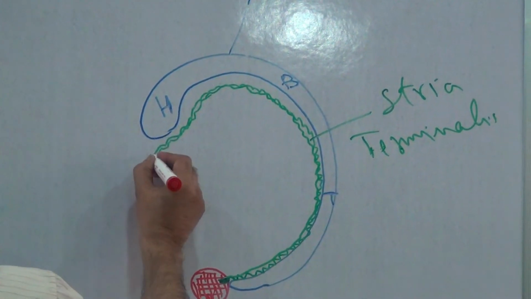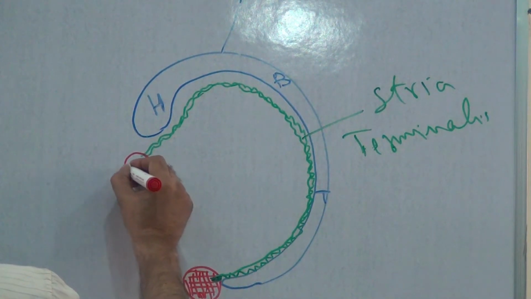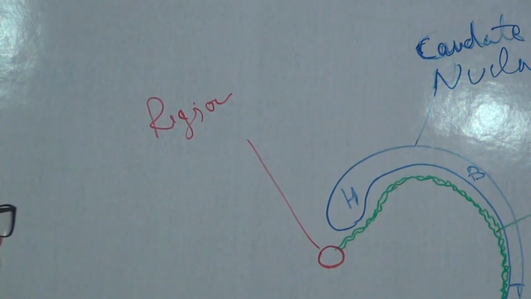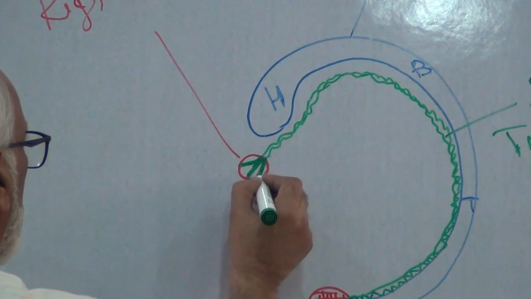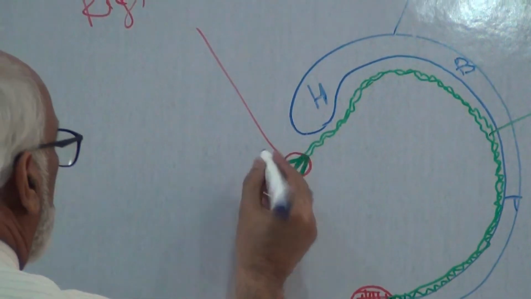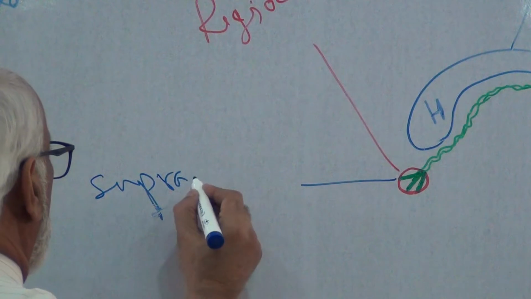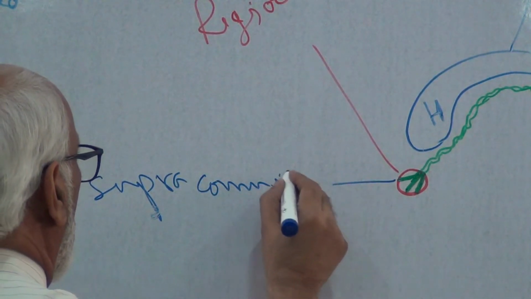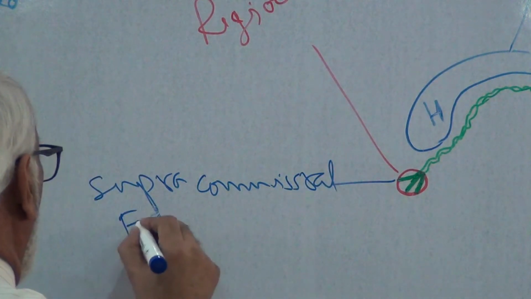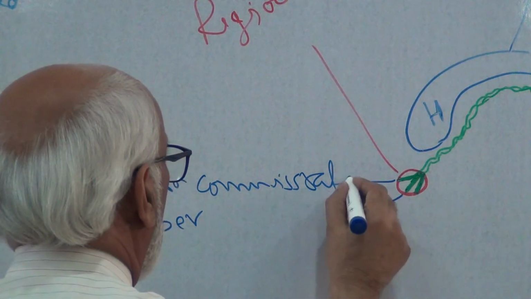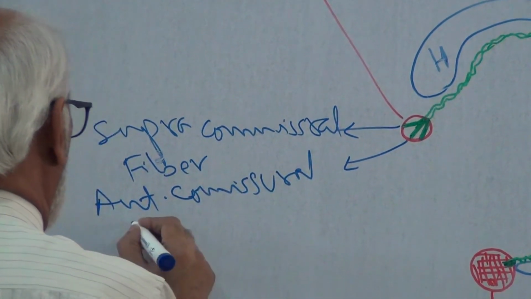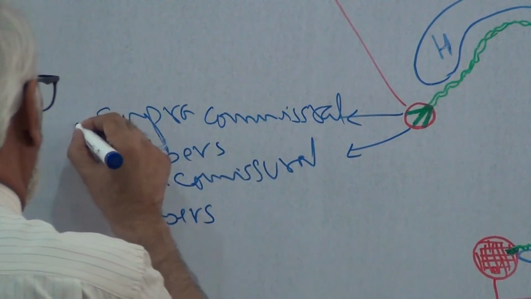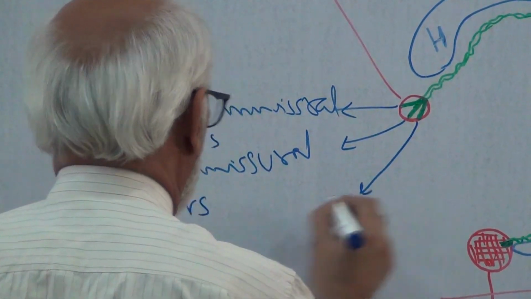And they reach a region where the fibers of the stria terminalis divide into three groups: supracommissural fibers, then anterior commissure fibers, and then infracommissural fibers.